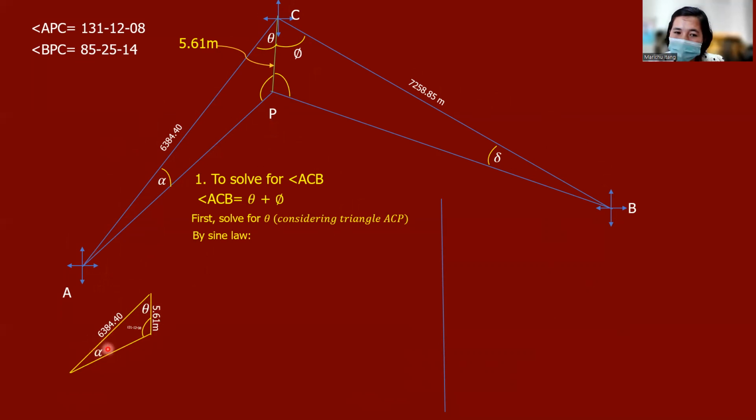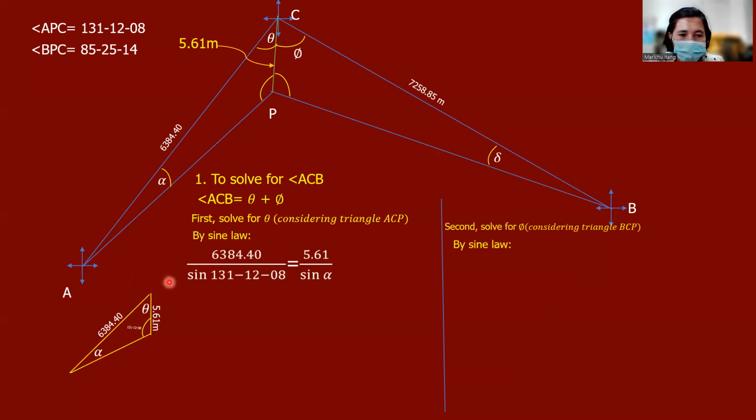If we can get alpha, you add it with this one, 131, and then subtract 180, the result will be theta, right? So let's try this one. By sine law, the distance over the opposite angle, which is sine 131, 1208, is equivalent to the ratio of the distance over alpha.